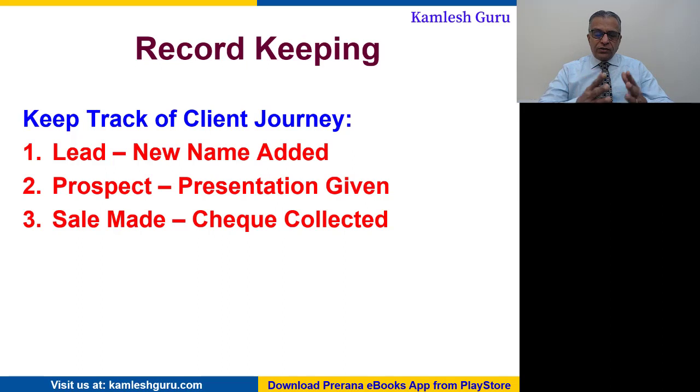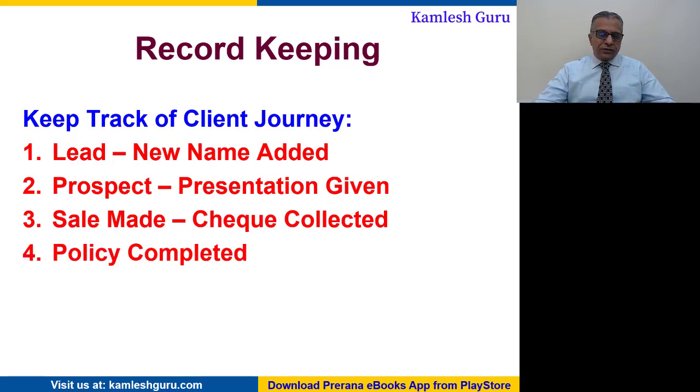When you go and convince him and close the sale, it becomes sales made. Then of course you have to collect all the requirements and get the policy completed and make him an active client. So this is your complete client journey.